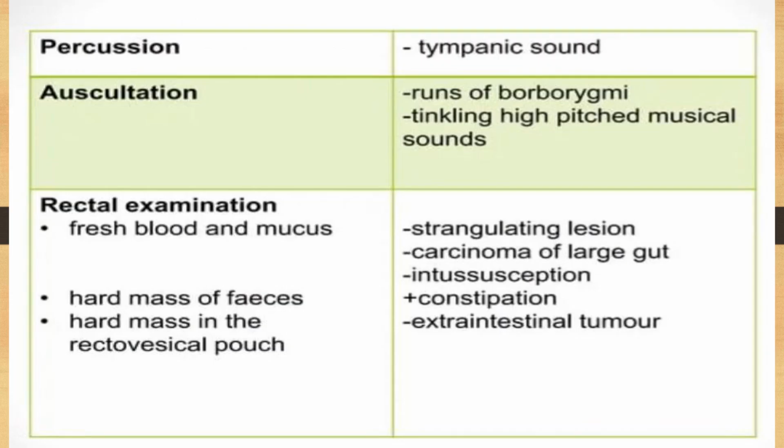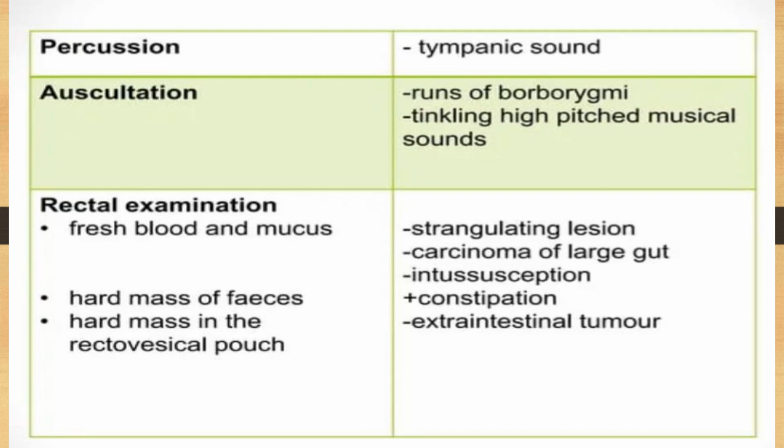On percussion, you will have a tympanic sound because the proximal bowel, which is dilated, usually contains air, and air gives you a tympanic percussion note. Then on auscultation you will hear high pitched sounds of the gut because of some mechanical obstruction, or you have an absent bowel sound which shows the ileus.